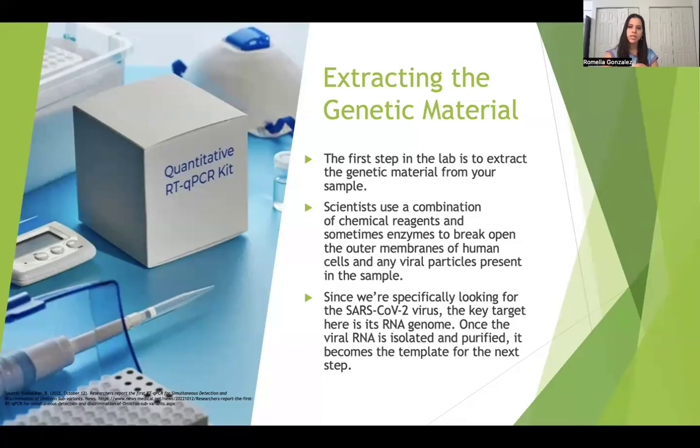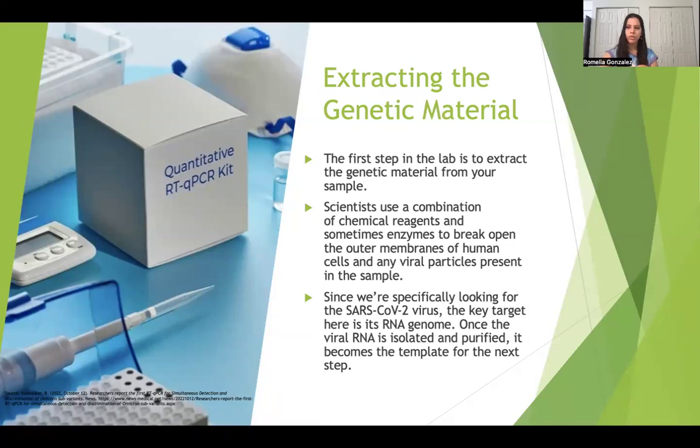Okay, so now that we know what's in the sample, we can learn how the scientists use the sample inside the lab. The first step in the lab is to extract the genetic material from the sample. They start with the sample, usually from a nose or throat swab, and treat it with a special chemical. These chemicals will break open the cell and release all its genetic material inside to the outside. It's kind of like popping a balloon, so that everything inside will spill out.